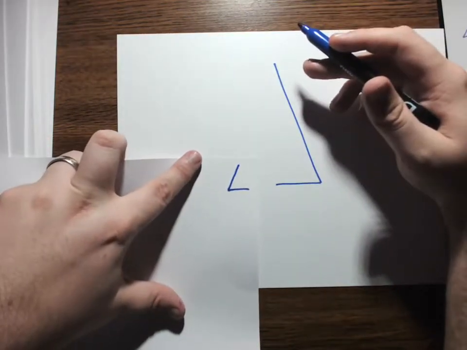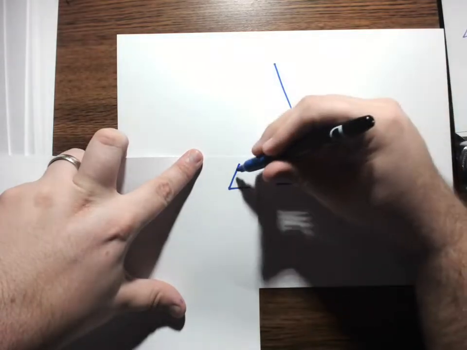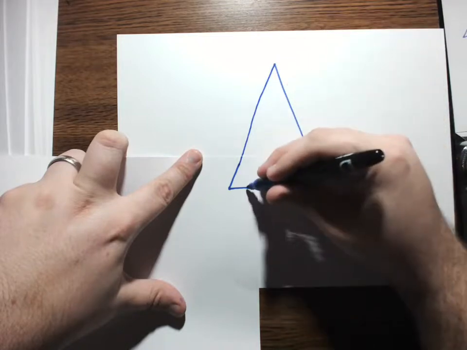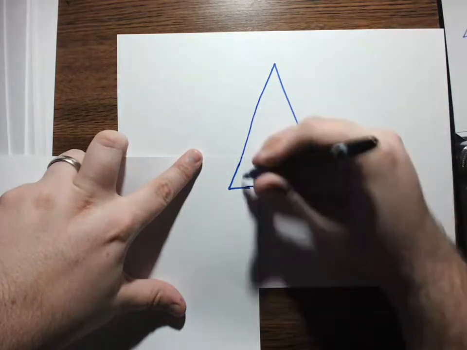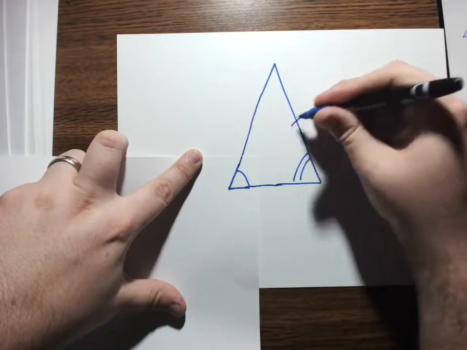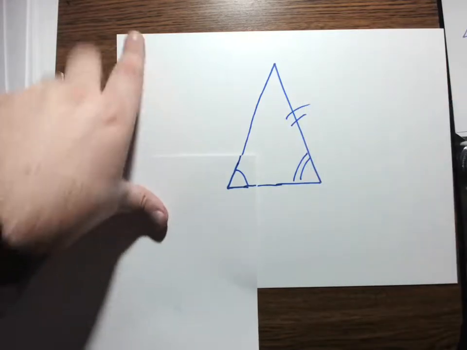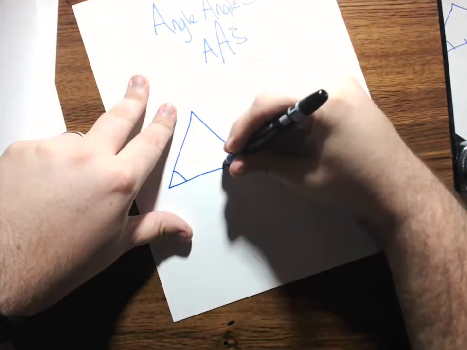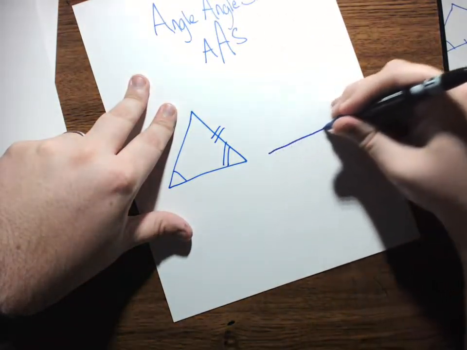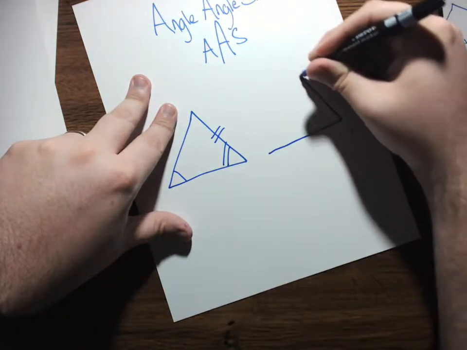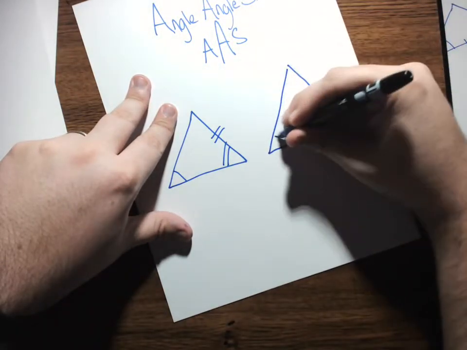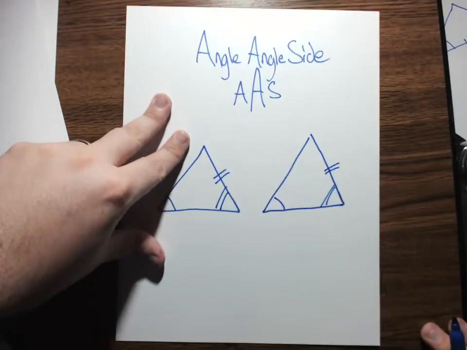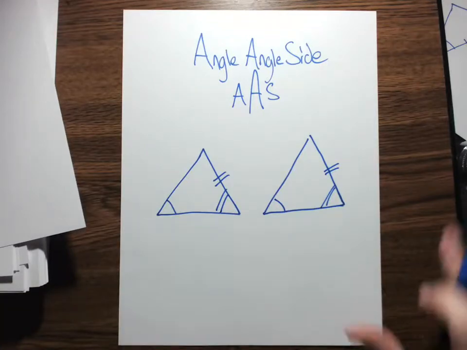So there's really only one spot where it ends up forming the perfect triangle. So all we actually need on angle, angle, side is this. Now that's angle, angle, side.